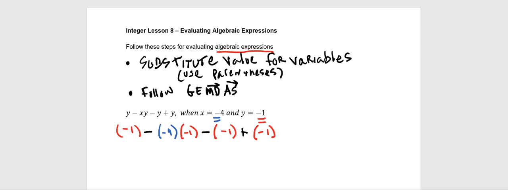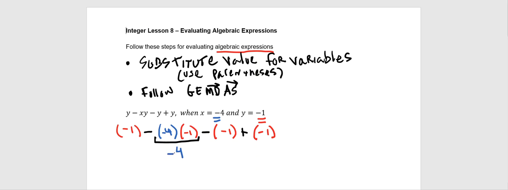So if we follow through with GEMDAS, then the first thing, I don't see any parentheses. I don't see any exponents. I do see multiplication, so I have to multiply that -4 times -1. -4 times -1 is going to give me 4.